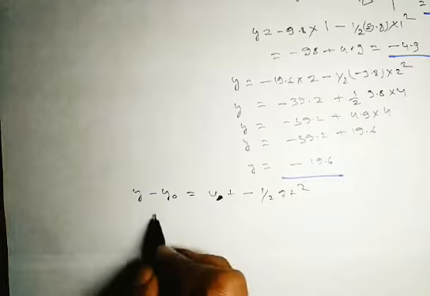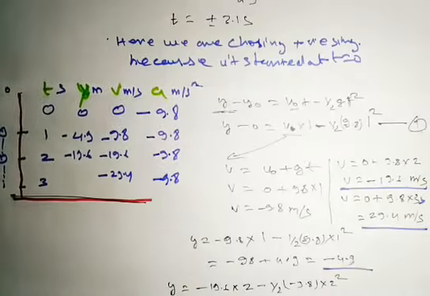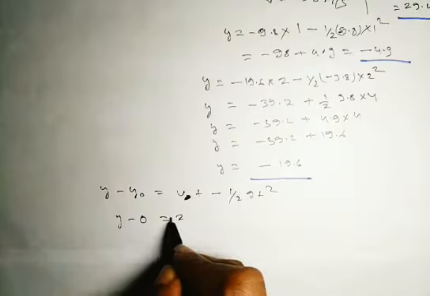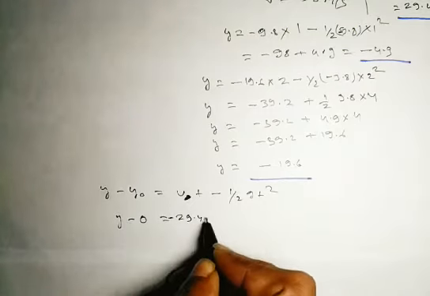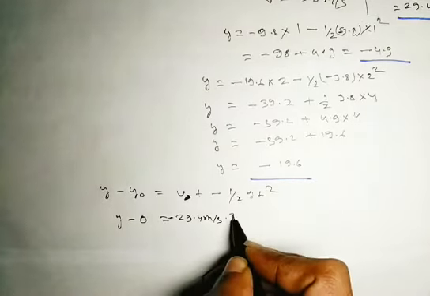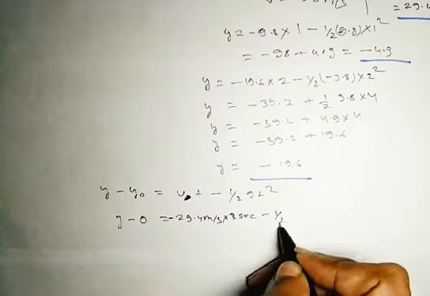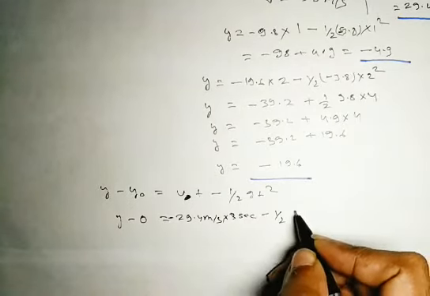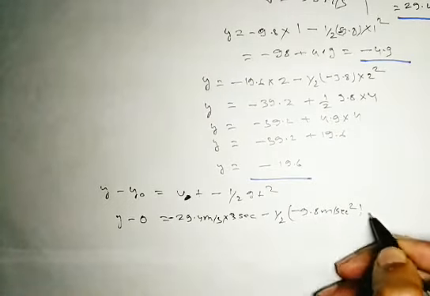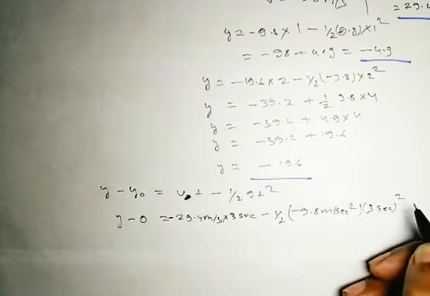Here we have y minus 0 equal to, what is the value of v? Negative 29.4 meter per second into t equal to 3 seconds, minus half g, where g is negative 9.8 meter per second square, and t equal to 3 seconds squared.